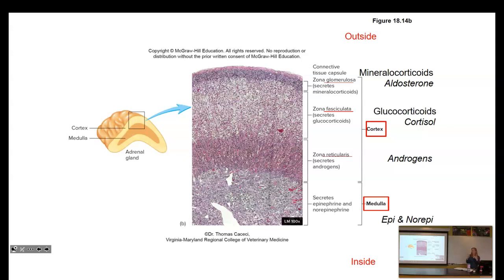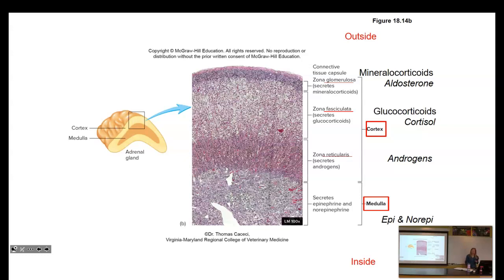So any of those ones, that should make you think this. Now, this is the region that responds to the hypothalamus. Right? So we have that corticotropin releasing hormone, which triggered the pituitary to release the adrenocorticotropic hormone, which triggers the zona fasciculata here to release things like cortisol.